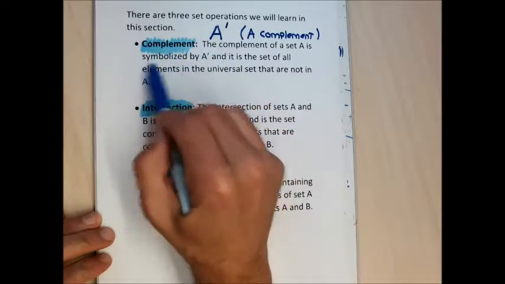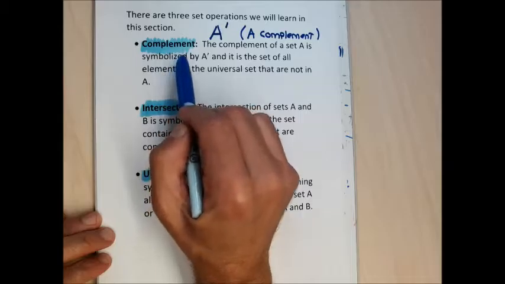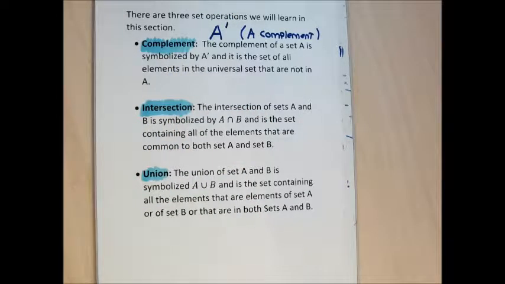If you don't know what complement is, it won't make so much sense, but as I go through the problems, these definitions will make more sense. I kind of need to say the definitions before I do the examples, and then once I do the examples, it'll make more sense what these words mean.